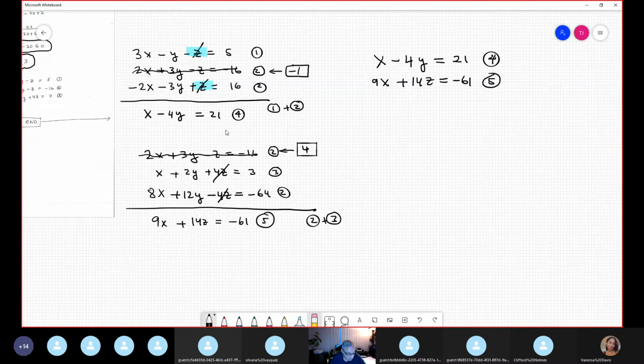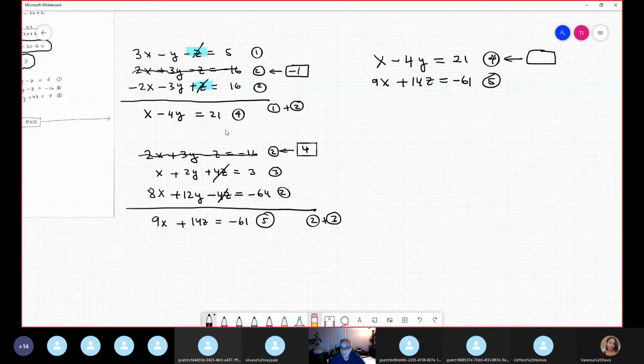There are many ways to do that; there is not a unique way. However, on my paper, I made a decision: multiply equation 4 by negative 9. Why? Because negative 9 times x is negative 9x, and it's ready for elimination.